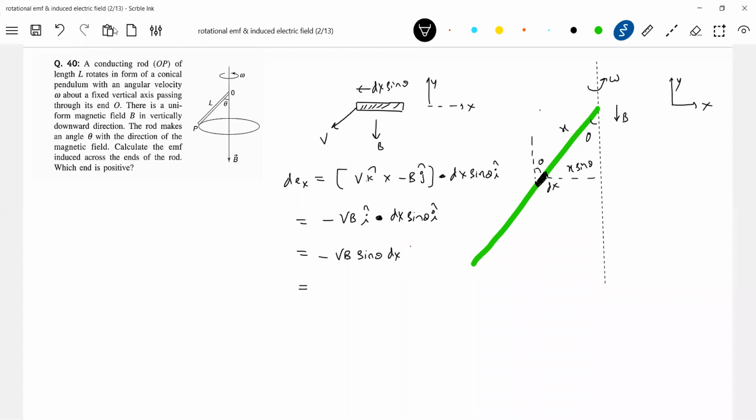Now what is v? Tangential velocity. This should be equal to x sin theta into omega. B sin theta dx.